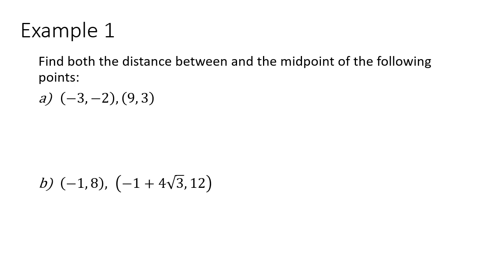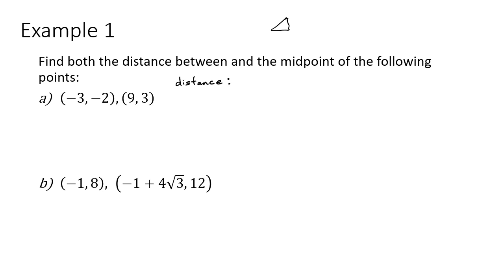All right, well for part A, let's start with distance. And I'm going to actually break this up into parts just to really illustrate what's going on here. And that's to remember that it's essentially the distance between the x's squared plus the distance between the y's squared, and then you take the square root because of the Pythagorean theorem.